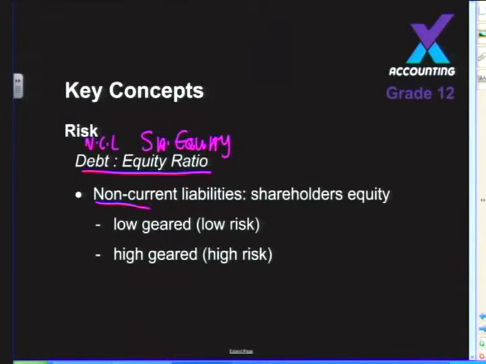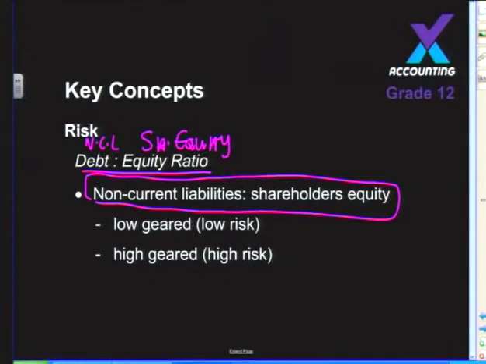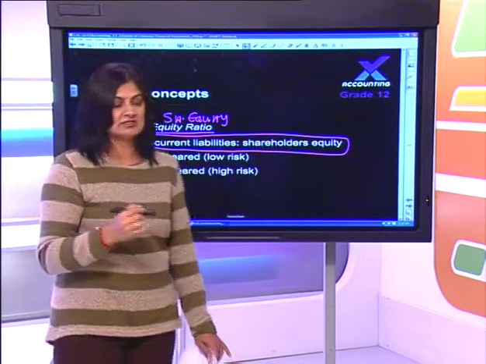The actual calculation involves the following. We're simply going to take our non-current liabilities, which we obtain from the balance sheet, and compare this against shareholders' equity. Now, grade 12's, very, very important. We've done a balance sheet.